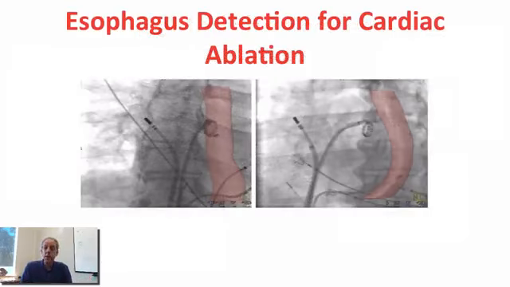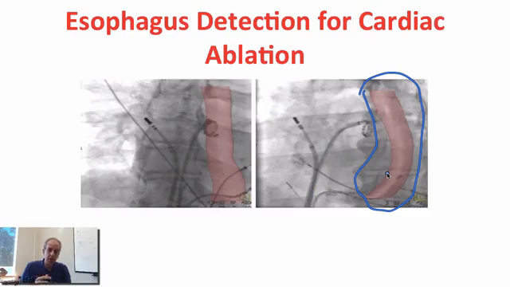Finally, sometimes image processing, as we saw that it can help neurosurgery, can help other kinds of surgery to make them safer. This is a particular application where it's important to understand where the esophagus is. In cardiac ablation, which is a very common surgery, when it's done, it avoids touching the esophagus and maybe damaging it.